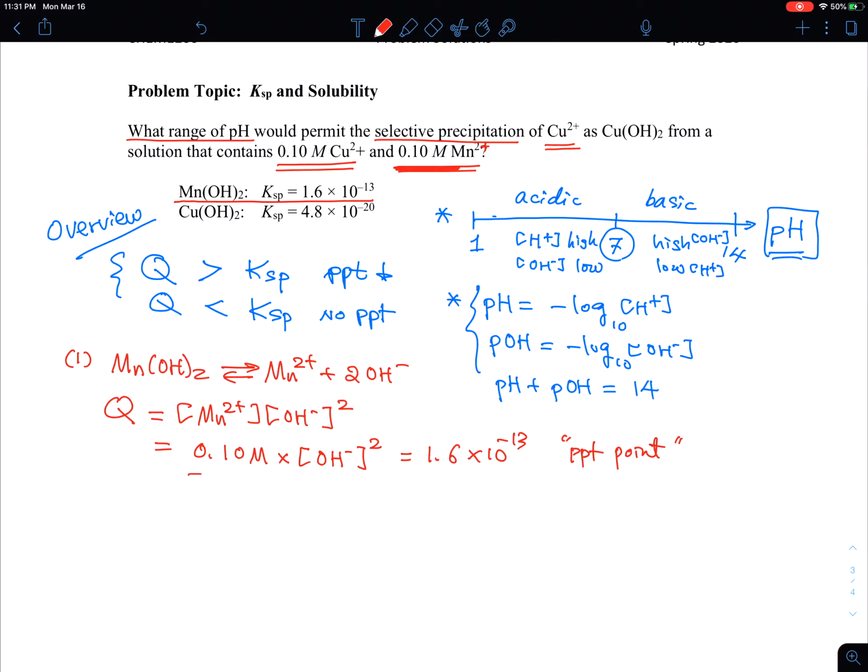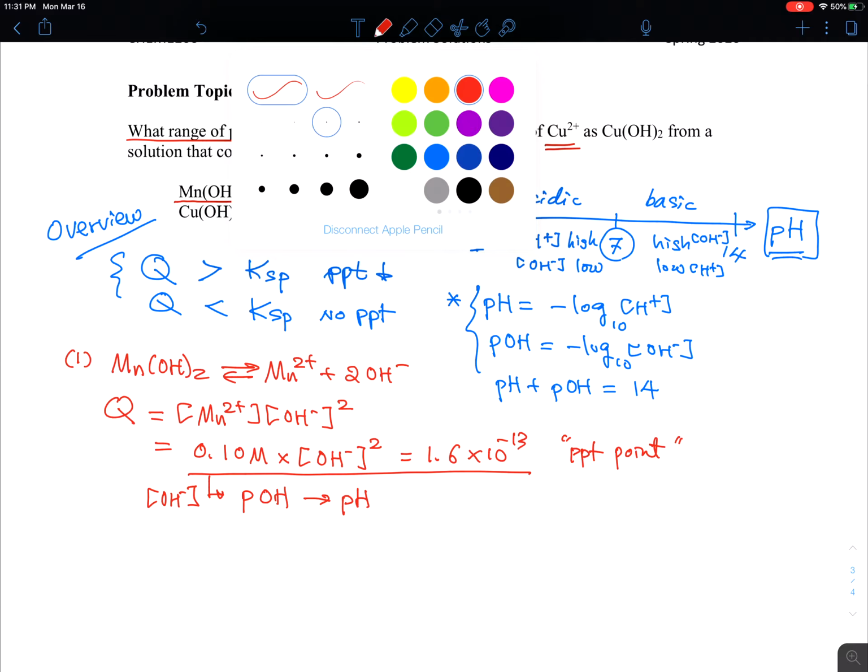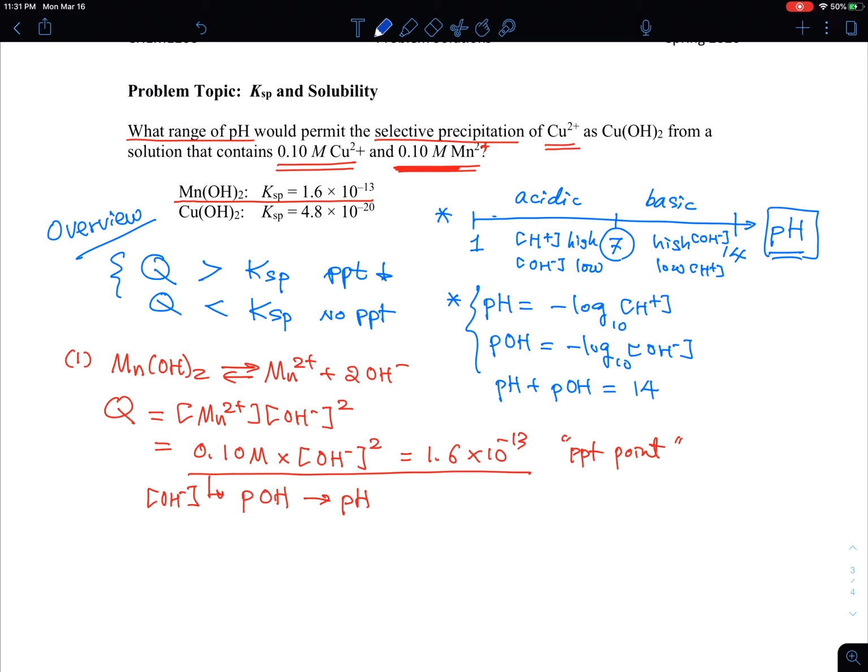Naturally, it is better to calculate pOH first, and then we can calculate the pH later, so the pOH comes from knowing the OH- concentration. What's my OH- concentration in this problem? OH- squared is 1.6 times 10 to the minus 13 divided by 0.1, so that's 1.6 times 10 to the minus 12.